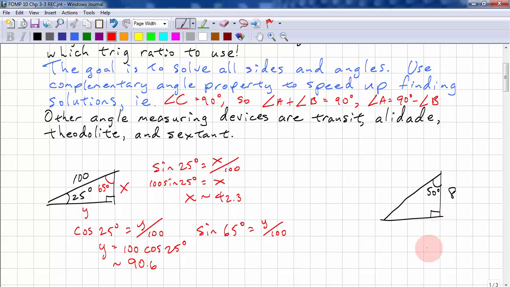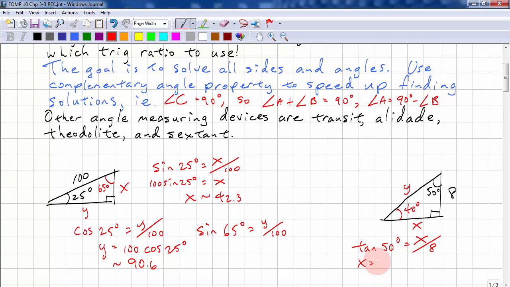Let's look at this triangle. To solve for everything, we need to solve for the angle first. 90 minus 50 is 40 degrees. We'll label this side x, we'll label this side y. With the 50 degrees, this is adjacent, this is opposite, so we have tan 50 equals opposite over adjacent.